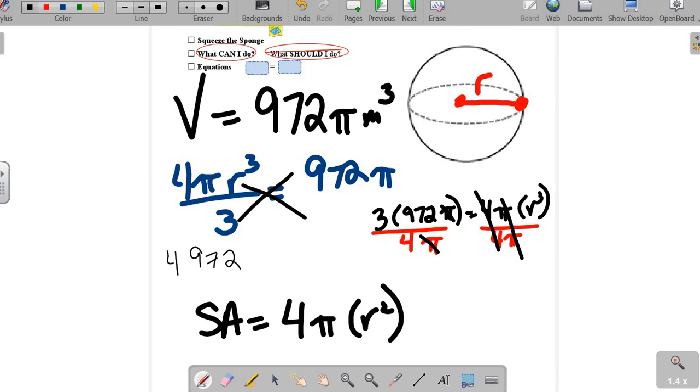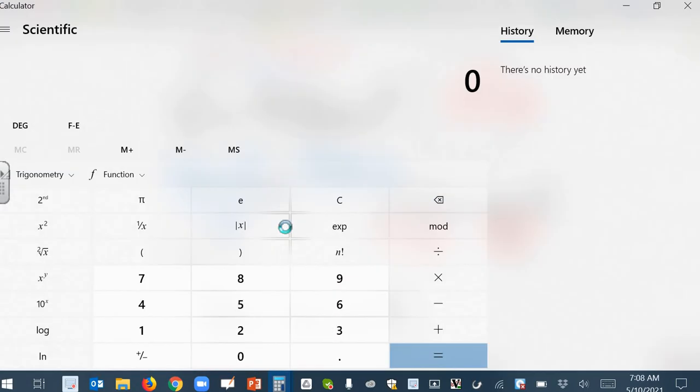972 is divisible by 4. I get 243. So 3 times 243, now that I've canceled, you're going to get 729.